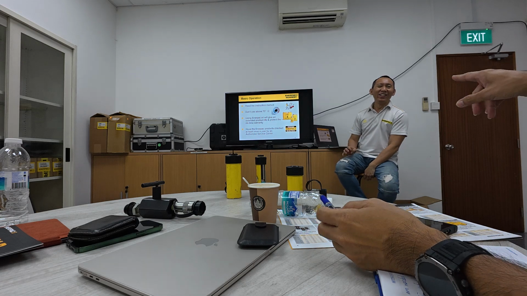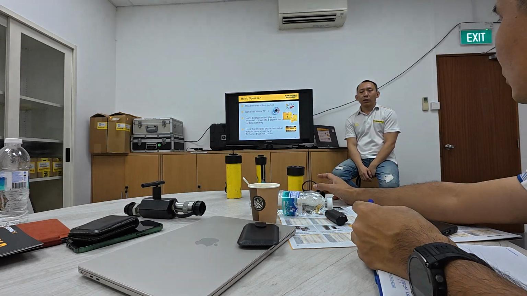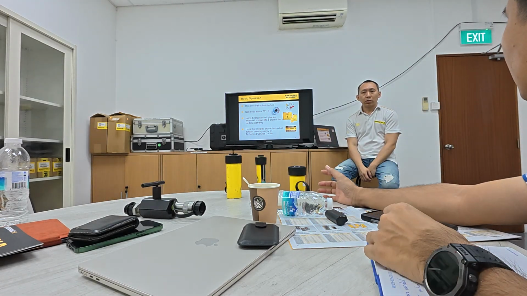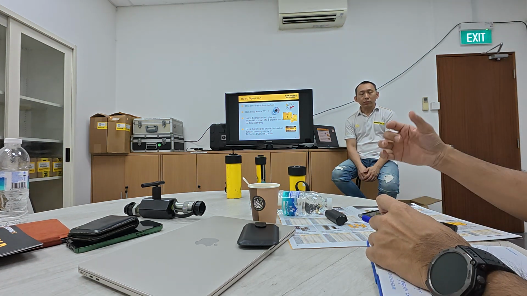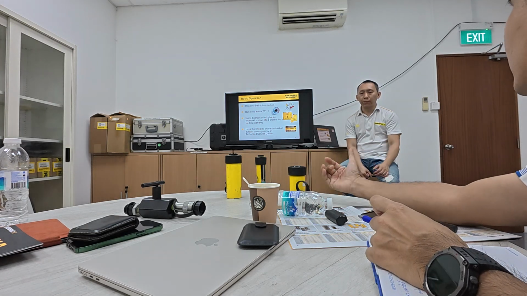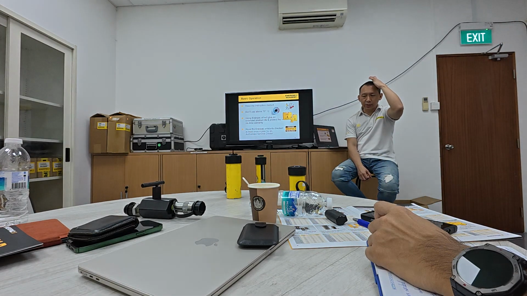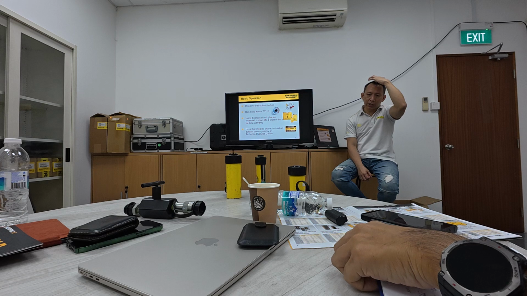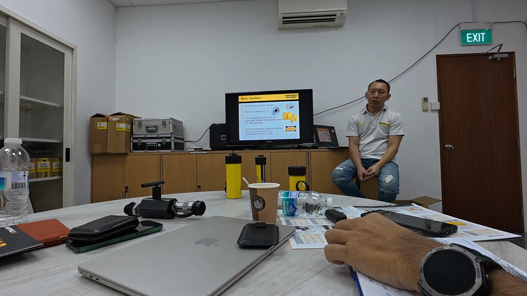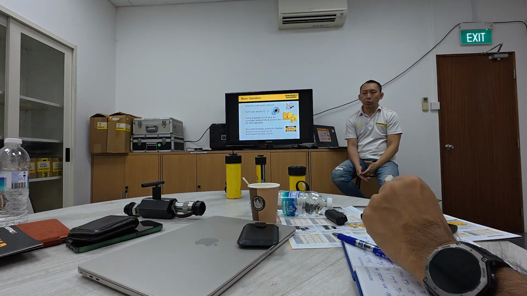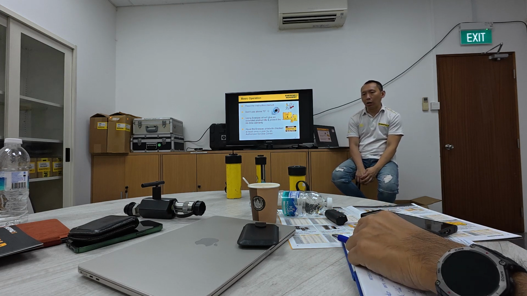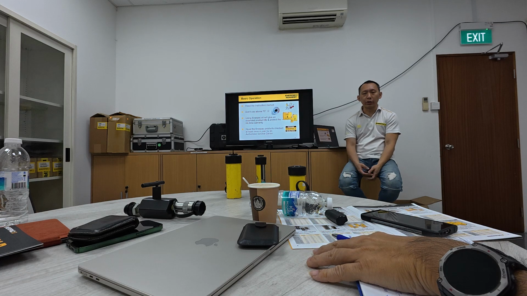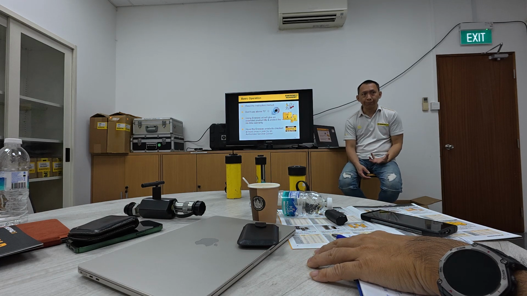But how about the checking? Can you show a little bit about it? Checking one time per year for us can. For service centers, how it works is that when they receive a product, they will do an evaluation check.